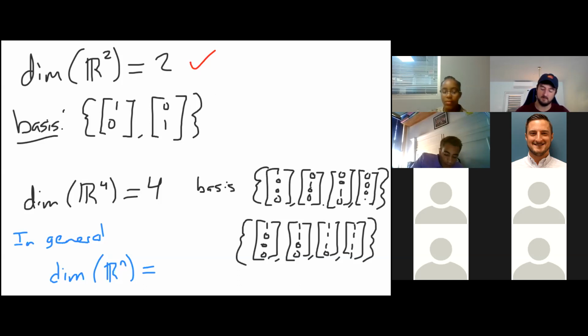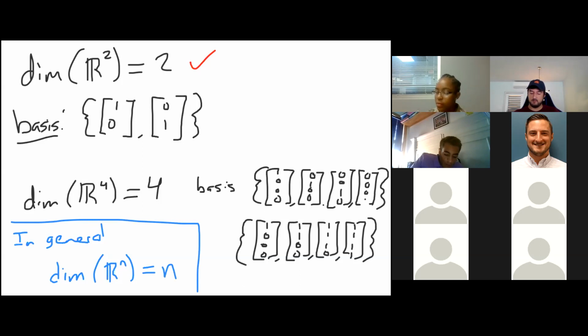Yeah, that is a fact. Dimension of any Euclidean space depends upon essentially how many entries you have in each vector. And that also tells us if I want to create a basis for R5, I'm going to need exactly 5 vectors.